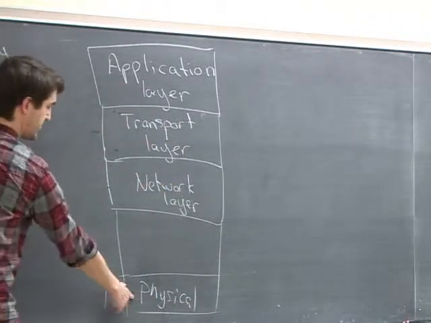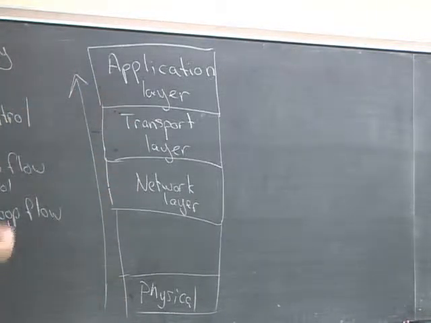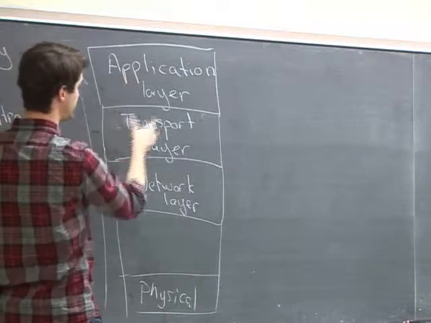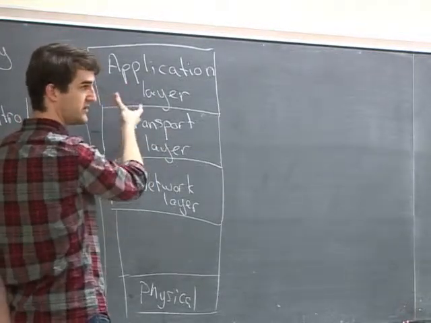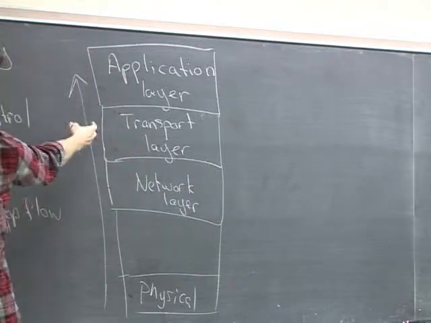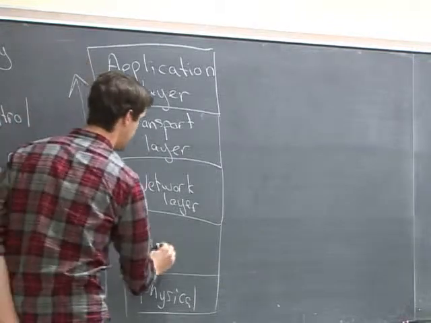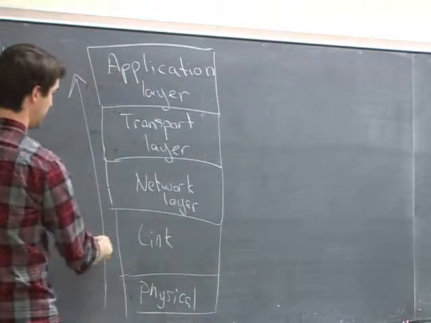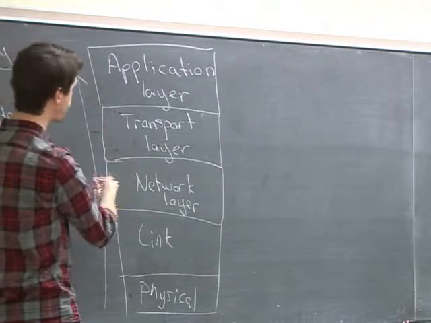Any functionality in this layer is passed up the stack, okay? So if you build your application on top of a reliable transport layer, your application gets that reliability for free. That's the purpose of layering: we provide functionality at one layer and everything up the stack inherits that for free.